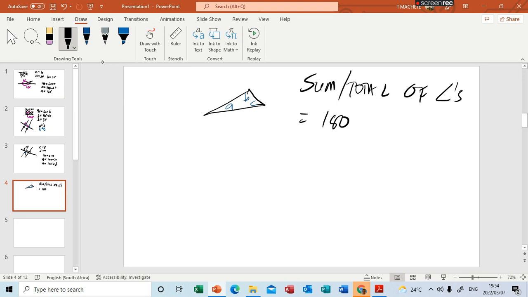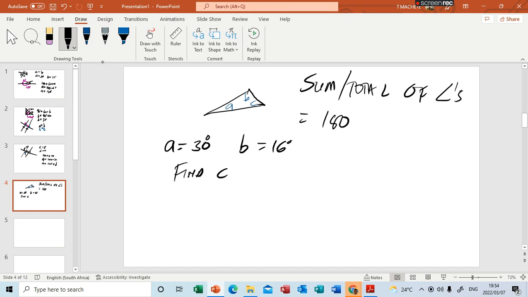So for example, let's say you are given A as 30, then you're given B as 16 degrees. They say find C. In order for you to get C, you're going to say 180 is equal to, remember they said the sum, 180 is equal to A plus B plus C.